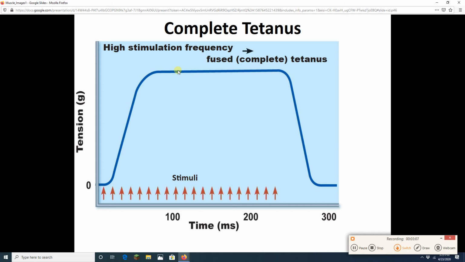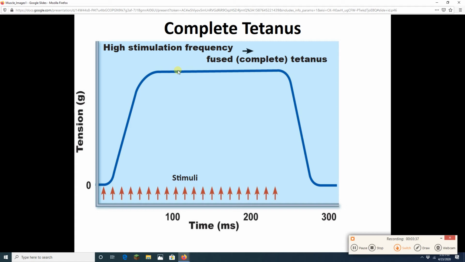Now you might wonder, how does this work? Here's the key. Every time you stimulate the muscle again, the sarcoplasmic reticulum lets out a little more calcium. A single twitch doesn't release all the calcium from the sarcoplasmic reticulum. So if you stimulate a muscle cell, it releases some calcium from the SR. We move some tropomyosin, and we get some contraction.